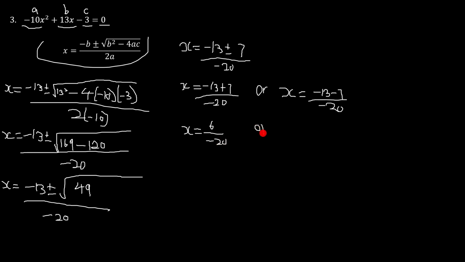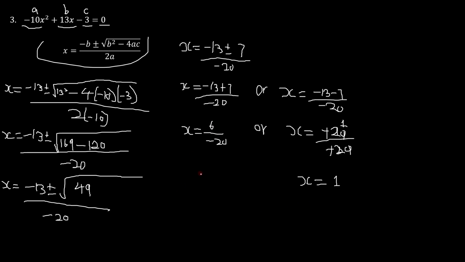Or x is equal to minus 13 minus 7, like that, minus 20, all over minus 20. So minus here we cancel, minus here we cancel, 0 here we cancel, and 2 divided by 2 is always 1. So we've found the answer for this one. X is equal to 1.